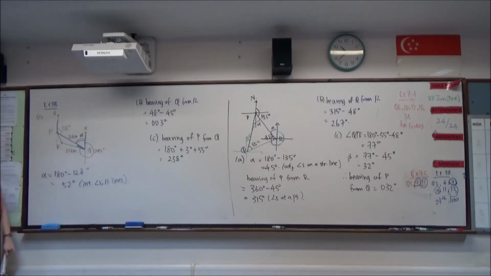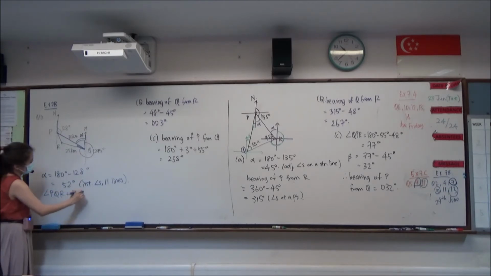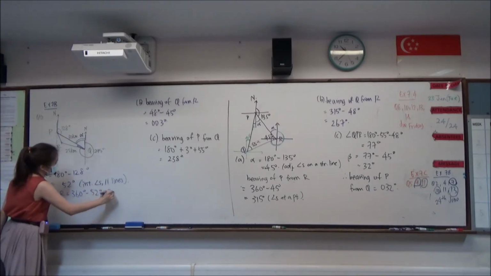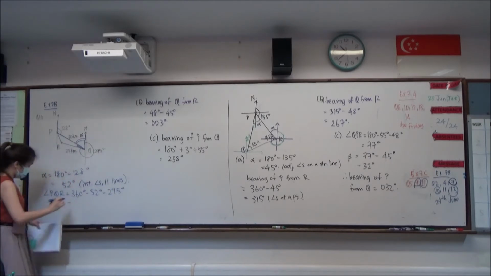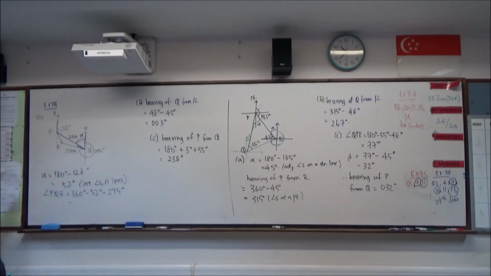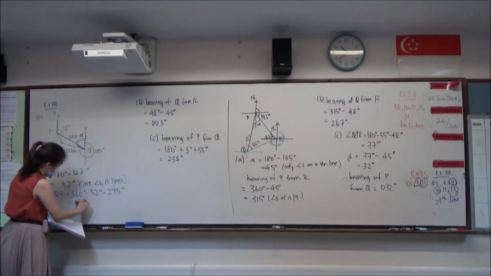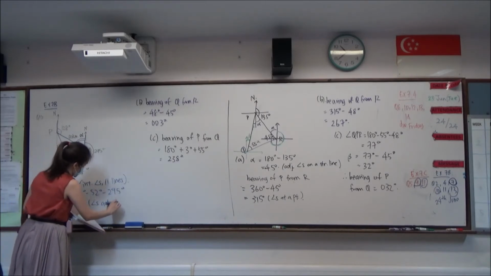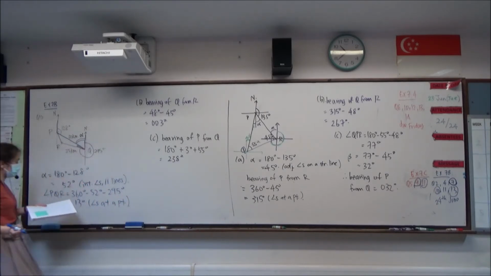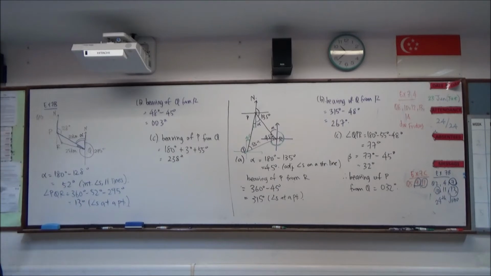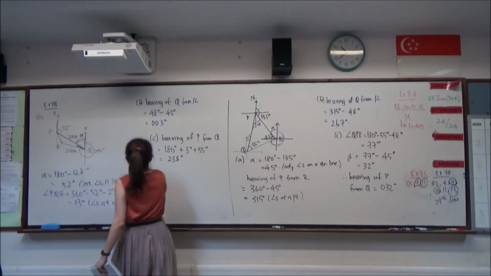Then angle PQR would just be 360 minus 52 degrees minus 205 degrees, and I would get 103 degrees. So I get angles at a point. Then following from there, I can use my cosine rule.